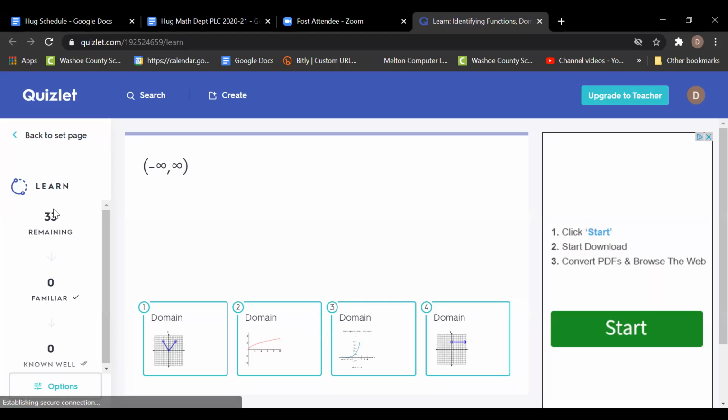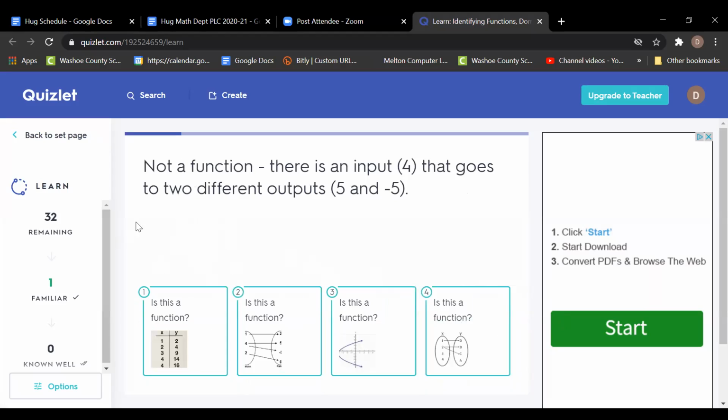There are 33 cards, and it is basically having you match. If the answer is negative infinity to positive infinity for domain, which graph doesn't match? Negative infinity to positive infinity. I'm going to say this one here. And I'm correct, so yay. Next one is not a function. So which one is not a function?